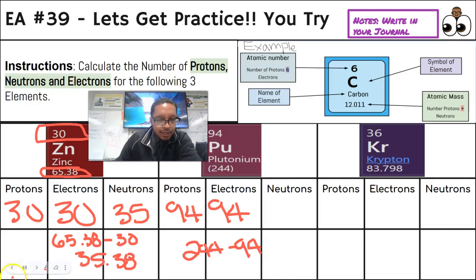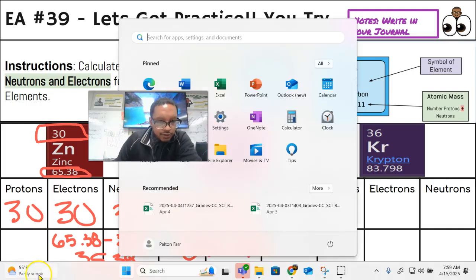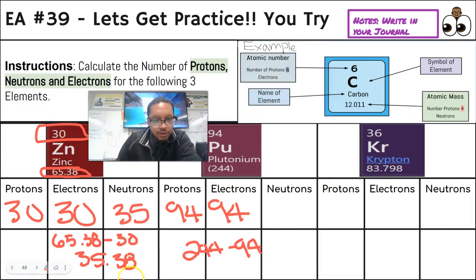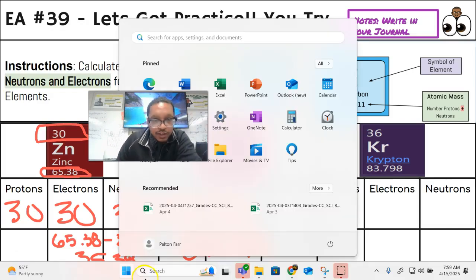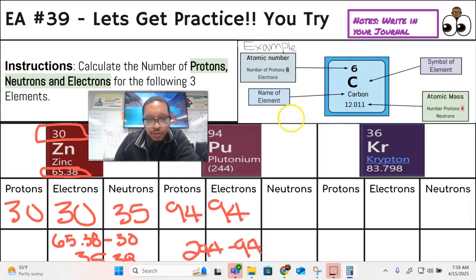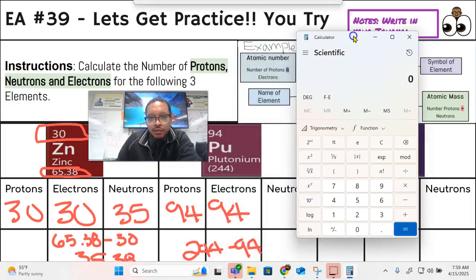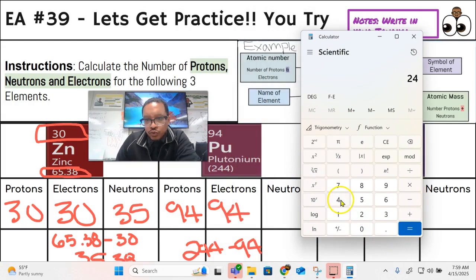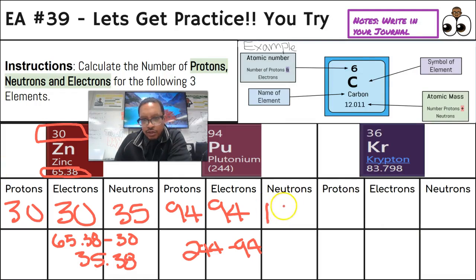I got to get my handy dandy calculator. 244 minus 94 is equal to 150. And I don't have to do any rounding because it's already a whole number.